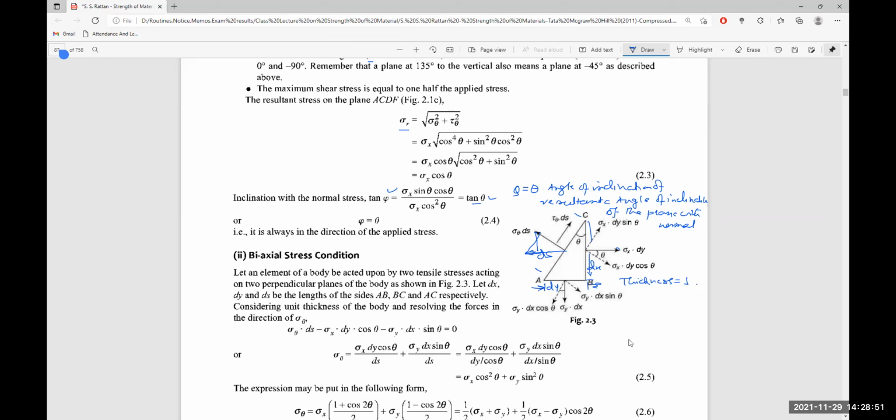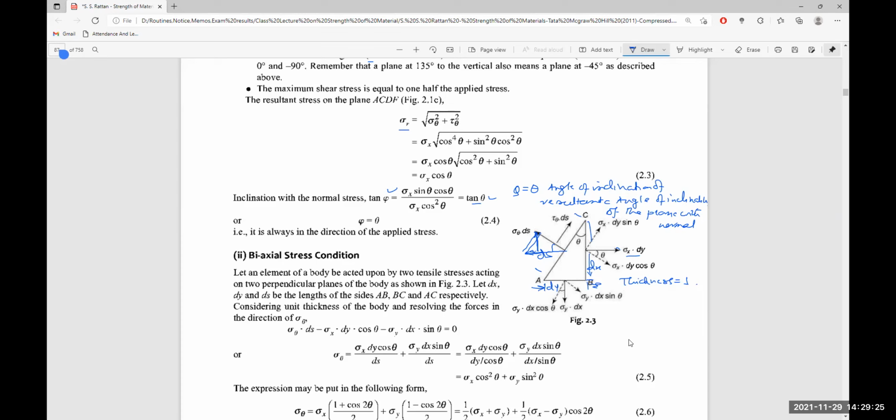Sigma x dy is the force acting over the hypotenuse, and sigma x dy cos theta is the component along sigma theta. Sigma y is acting vertically, at this angle, and if we take it as the hypotenuse, then it becomes dx sine theta, which is the vertical height of it. So sigma y dx sine theta is equal to 0.